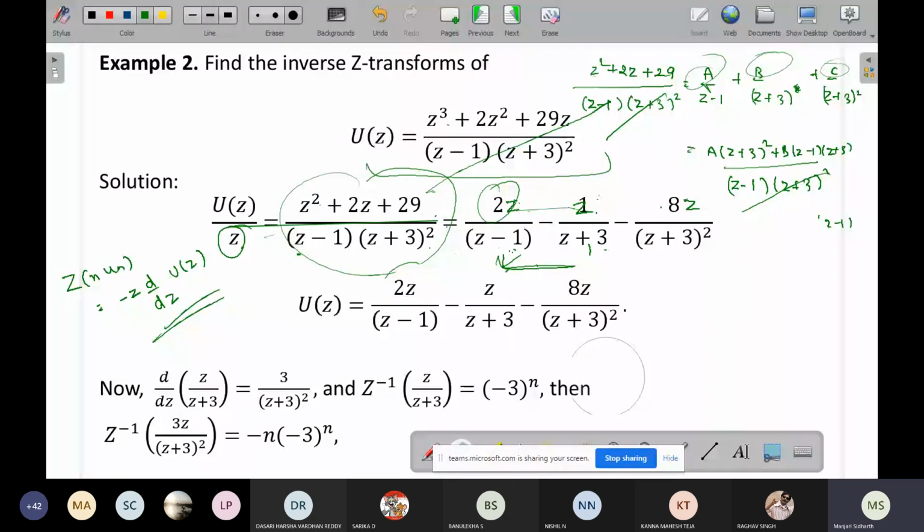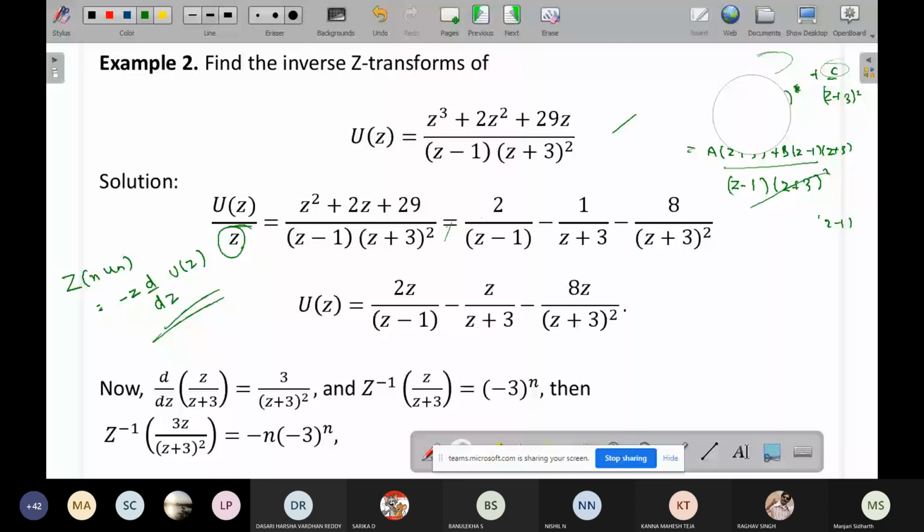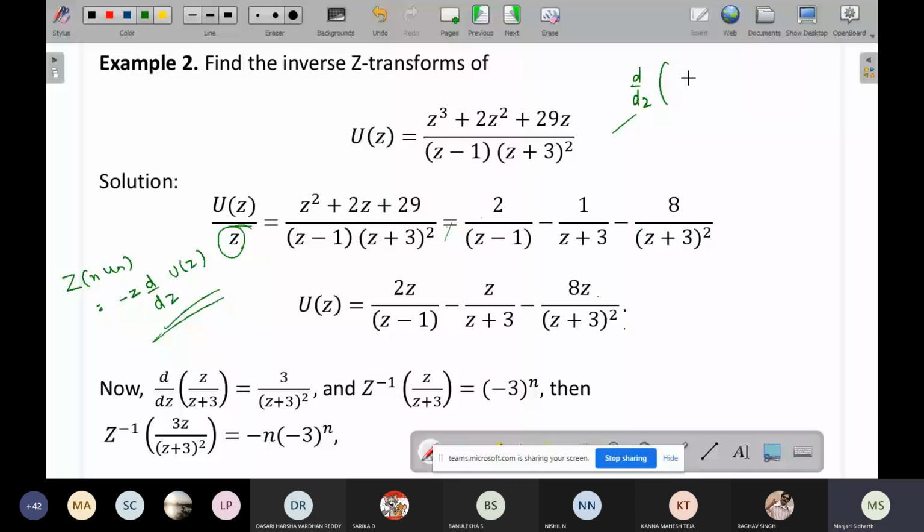So everything I am erasing. We know that because it is z over z plus 3 whole square, right? That means if I am writing here, z plus 3 whole square, right?